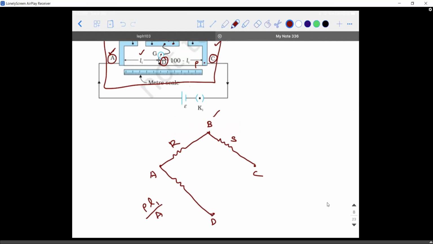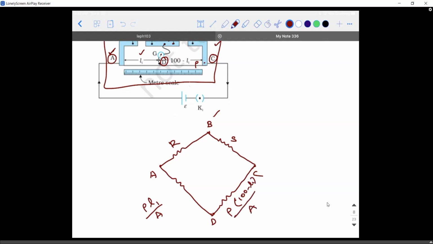Similarly, from D to C, what will be the resistance of this wire? It is the same wire, so its resistivity is rho. Rho into 100 minus L1, the whole divided by A.